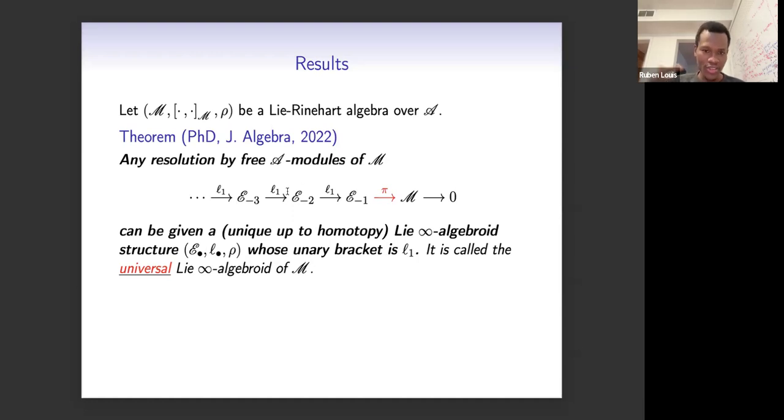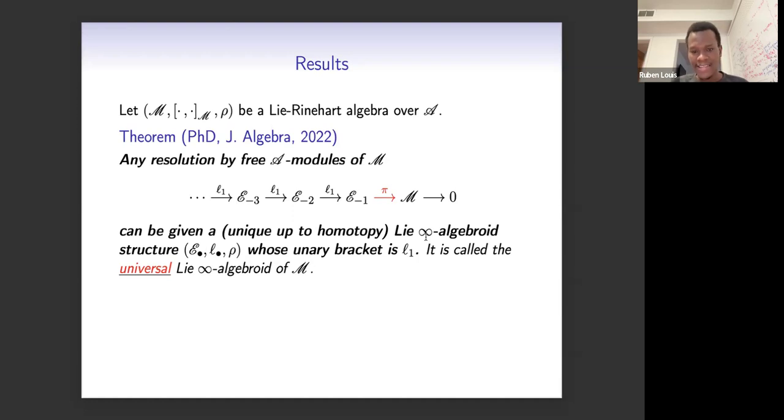I mean, you can construct all the other brackets, and that gives it a structure of infinity algebra, where the first bracket will be the differential map of that resolution. And although you make a lot of choices during the construction, it's unique up to homotopy.